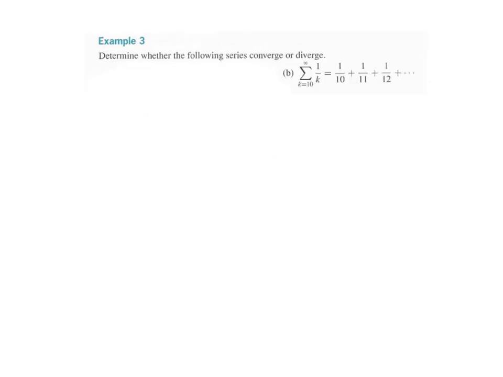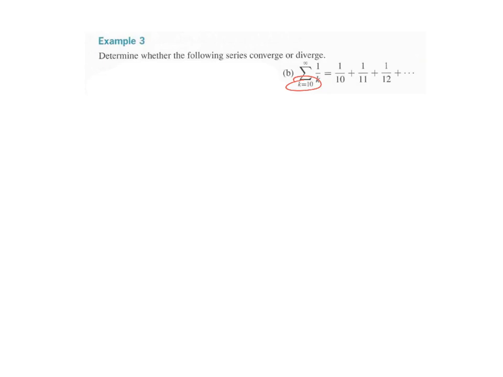Hey, that rhymes. All right, this one, and you're like, oh my God, well this is like a divergent harmonic series. There's nothing to write here. Well, I suppose the only thing that's different is that you're starting at 10, but this is an illustration of that last computational formula that allows you to knock out a beginning number of terms.